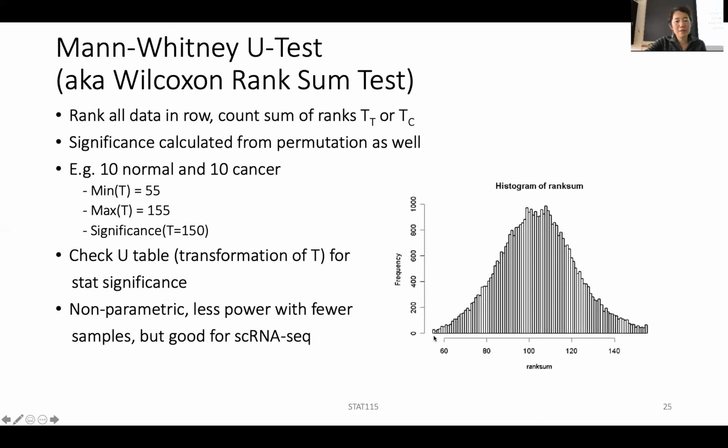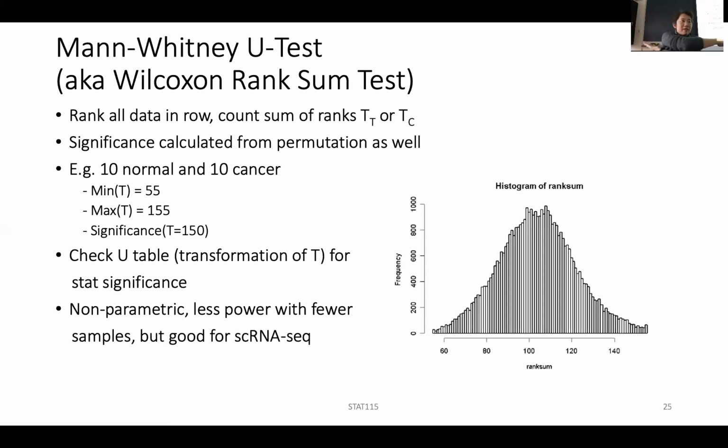But there are some tables you can check. Supposedly you have 10 cells that are normal and 10 cells that are cancer, both in the single cell experiment. You look at one gene, and the minimum of the sum of ranks for the tumor is 55, which means that all 10 cells have this gene expressed higher than all the normal cells, so they are completely separated.